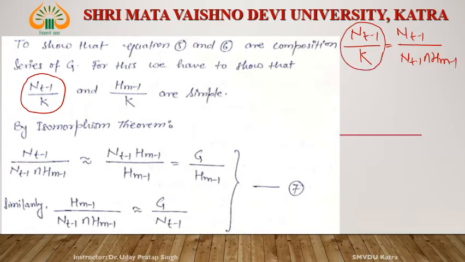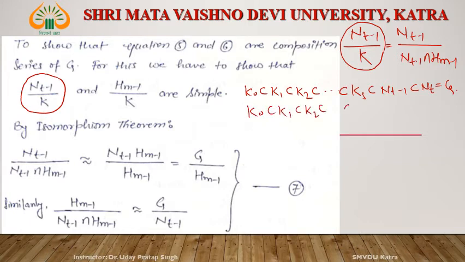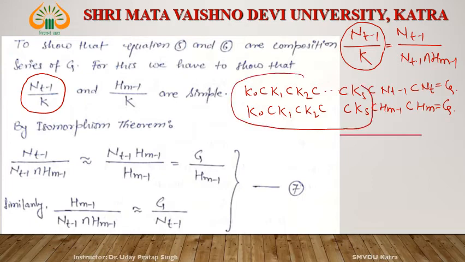If this is the composition series, K0, K1, K2 up to Ks, where Ks is K, N_{t-1}, Nt is G, and K0, K1, K2, Ks, H_{m-1}, Hm is G, then the factor groups up to this term are equivalent.